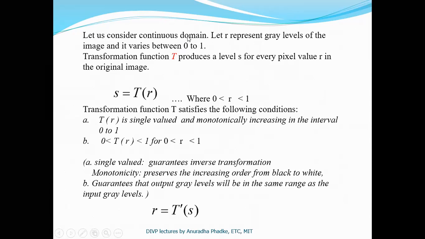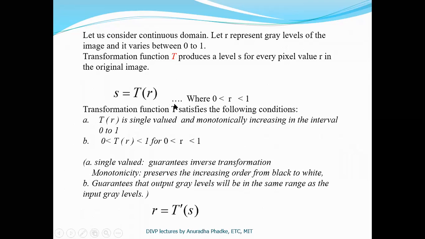Then we want to apply a function T on the original gray value r to get a new gray value s. This transformation function we are applying for equalizing the histogram. So let us say T is the transformation on the original gray value r, and r is continuous in nature, varying between 0 and 1.